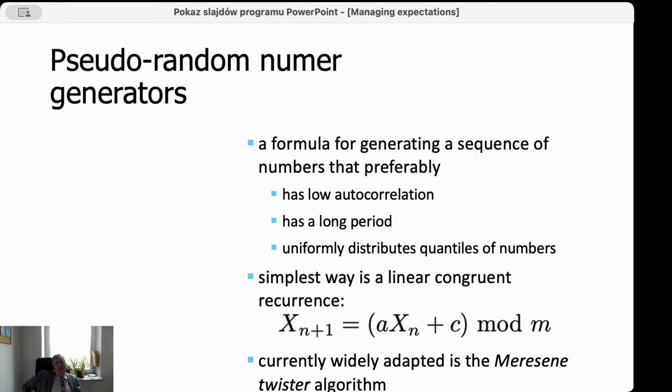And the simplest way of finding such numbers is to generate integers in certain intervals, usually between 0 and m. It's done by computing those integers, multiplying them by a constant a, adding an additional constant c, and computing the modulo operation, which will always constrict our solution to the values between 0 and m.